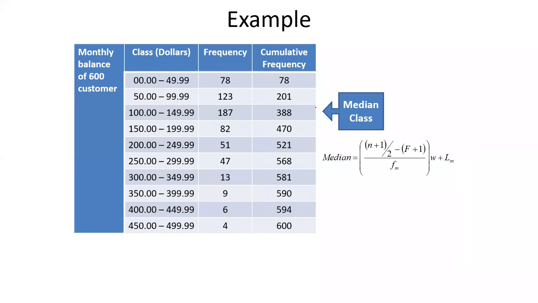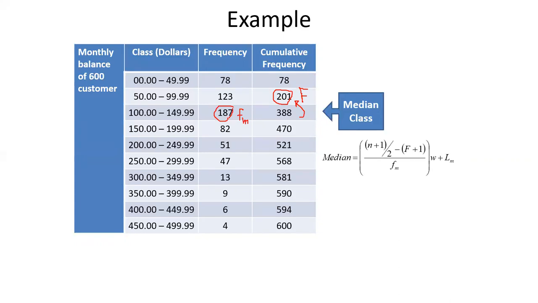Now I will get everything out of it. F is the frequency of the previous class. Capital F is the cumulative frequency of the previous, preceding class. Fm is the frequency of the median class, so this is my Fm. Fm is 187. Capital F is 201, the cumulative frequency of the previous class.